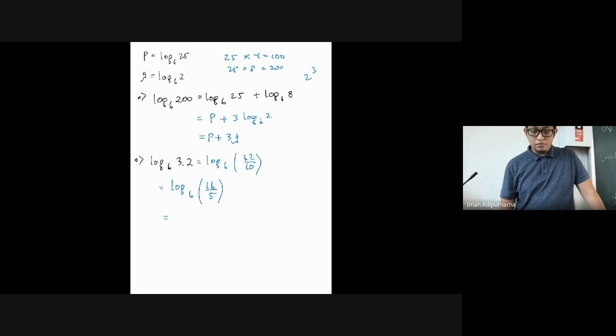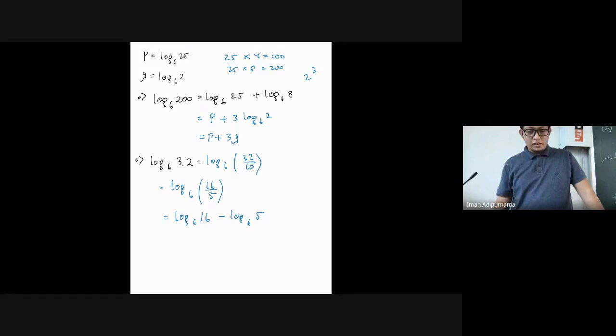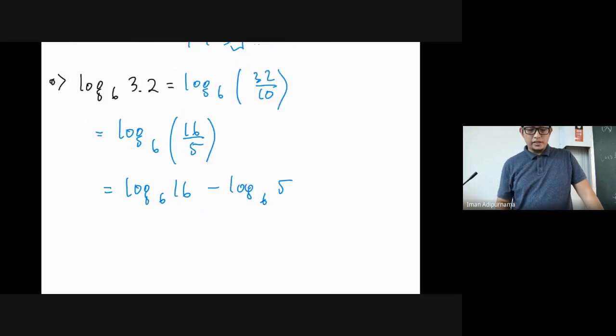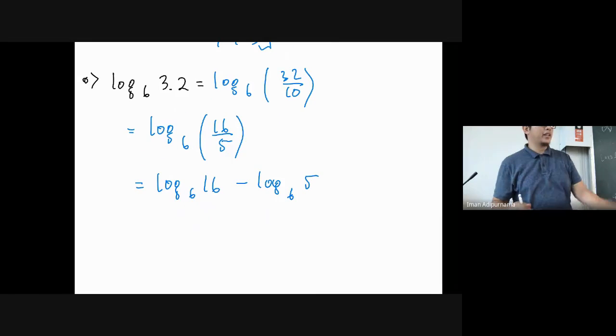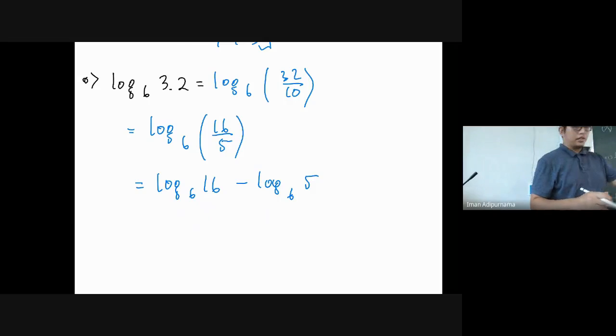And it will be log 6 of 16 minus log 6 of 5, okay? From 16, I can still get 2 to the power of 4. And 5 is the square root of 25, right?